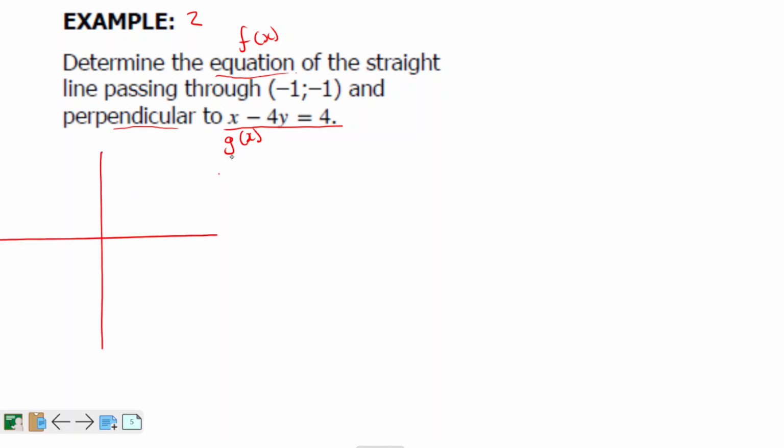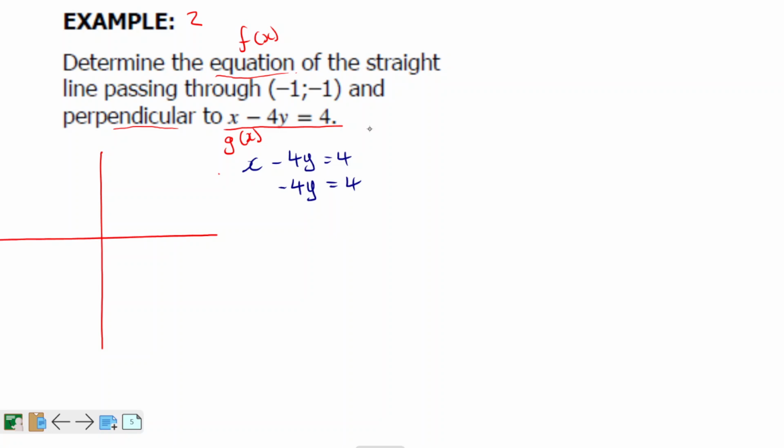Okay, so this is the Cartesian plane. I want to plot now the equation of g of x, the second one. But before we do so, let us put this first in standard form. So I have x minus 4y equals 4. I have to have y on the left and everything else on the right. So let me leave this negative 4y equals 4.